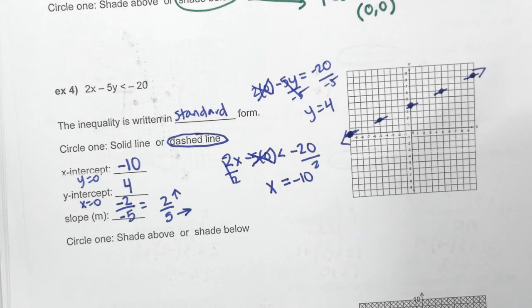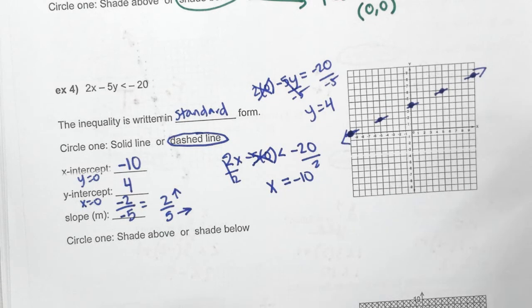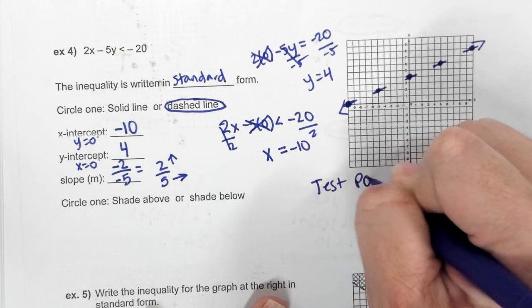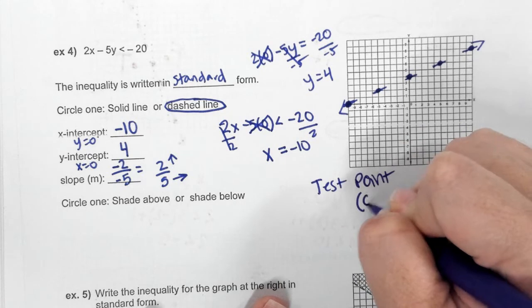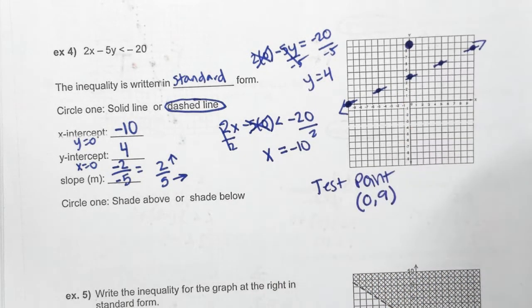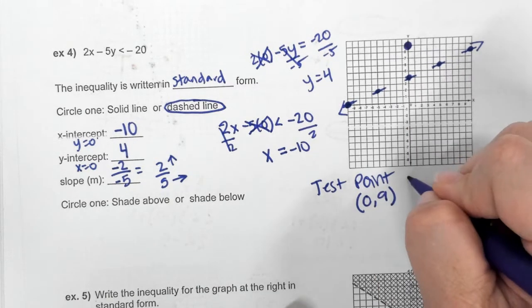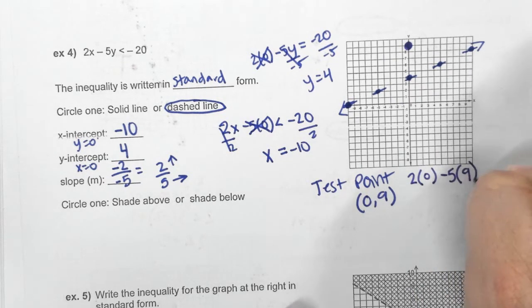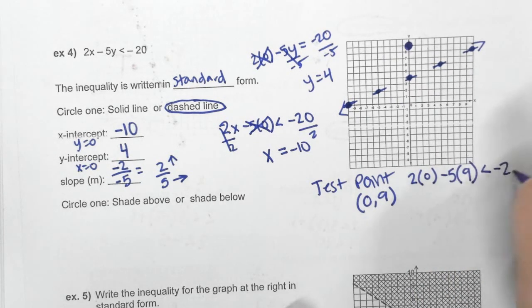Now, I'm going to pick a different point that's not 0, 0 this time because I'm just going to show you it's still the same thing, yes? So we're going to test the point 0, 9, which is this point right here. Okay, and when I plug that in, I have 2 times x, which is 0, minus 5 times y, which is 9, is less than negative 20.